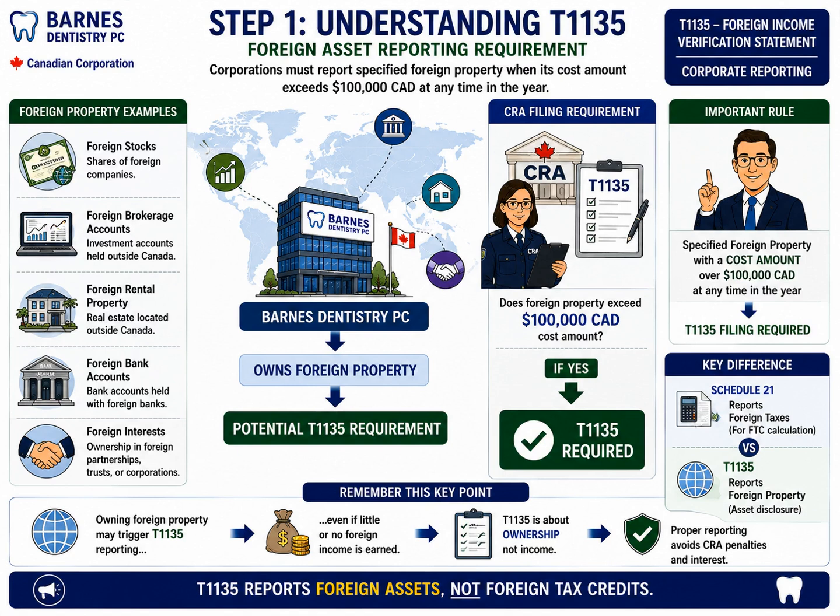Now let's look at the examples shown on the left side of the slide. The first example is foreign stocks. These could be shares of corporations located outside Canada. The second example is foreign brokerage accounts. Many corporations hold international investments through foreign investment accounts. The third example is foreign rental property. Real estate located outside Canada may fall within the reporting requirements.